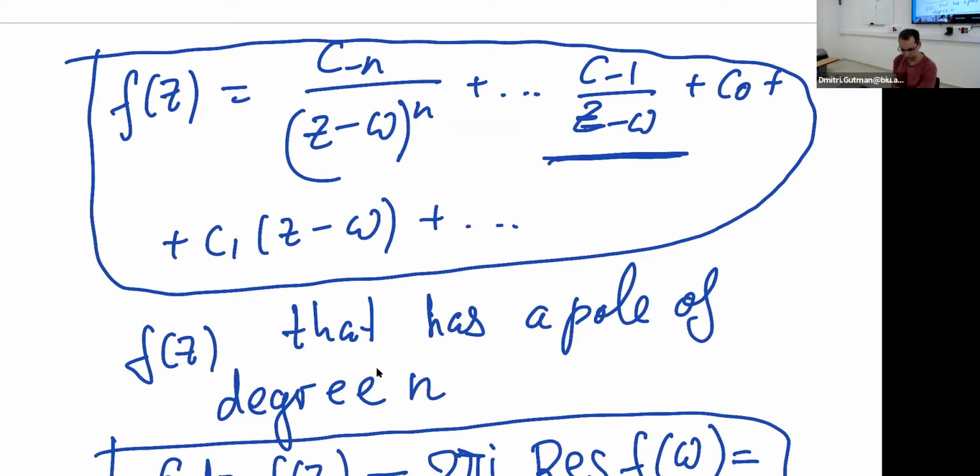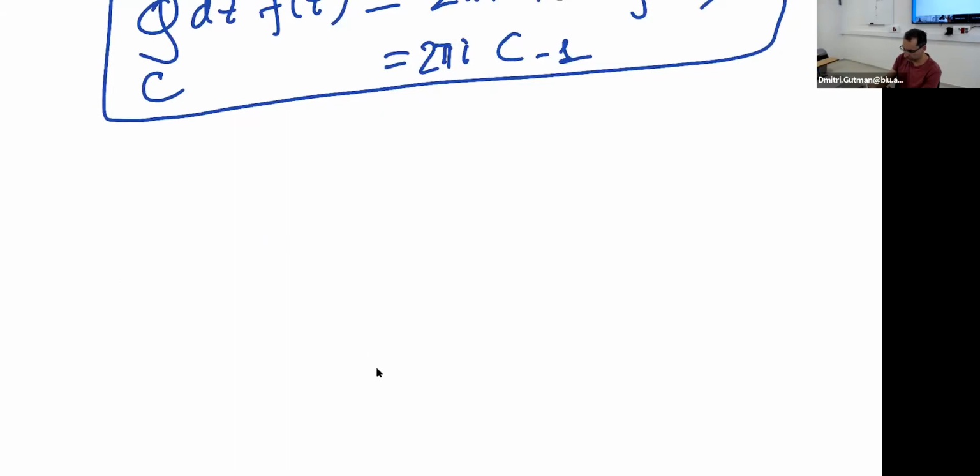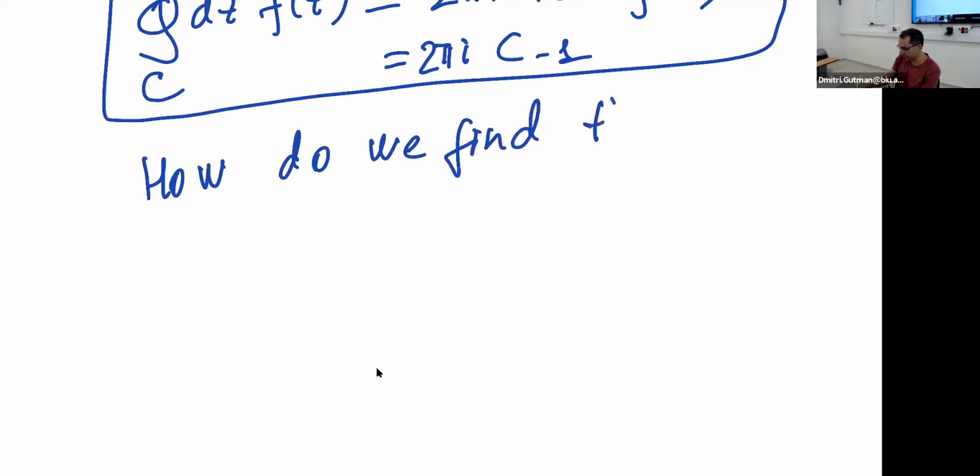Good. So then the question is, how do we find the residue of f at w? That's something that we need to find.